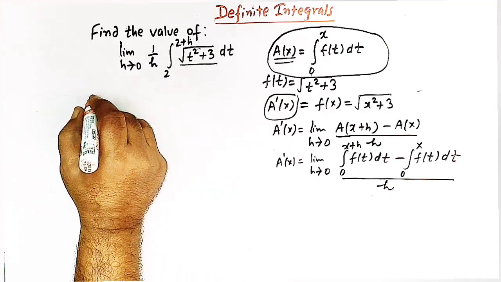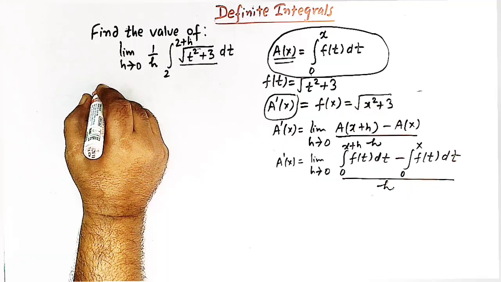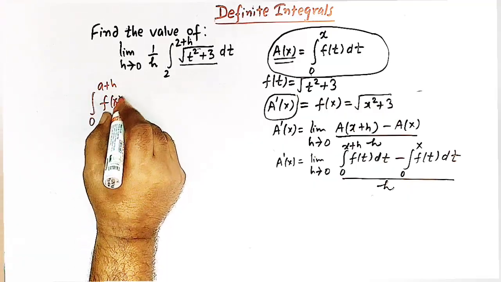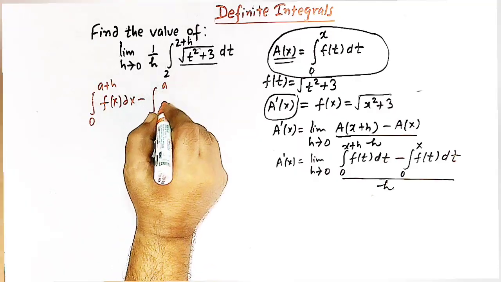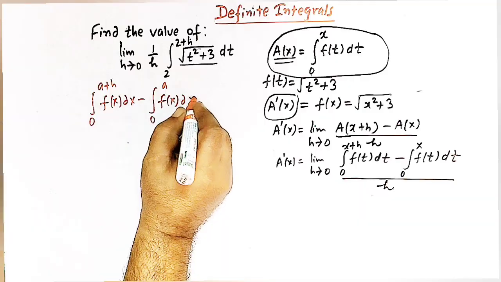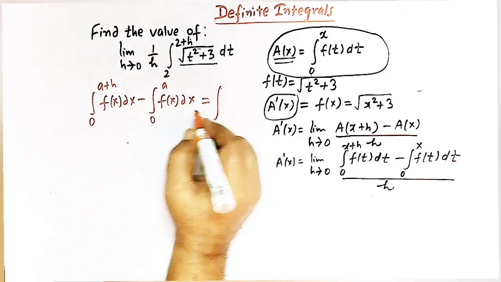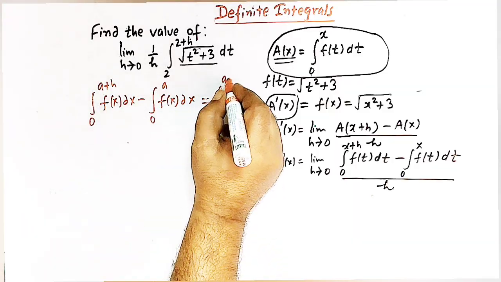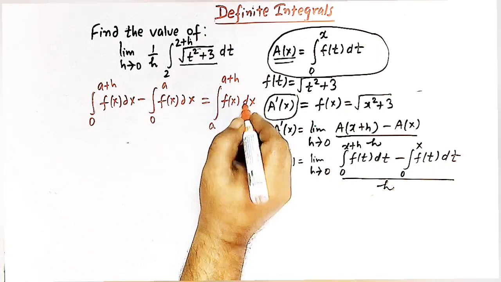The property says that the integral from 0 to a plus h of f of x dx minus the integral from 0 to a of f of x dx is equal to the integral from a to a plus h of f of x dx.